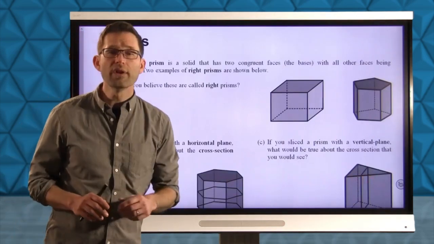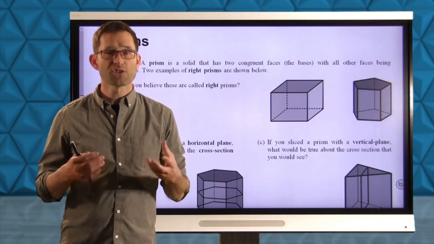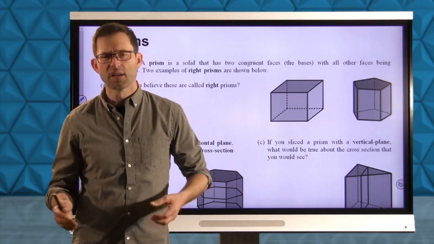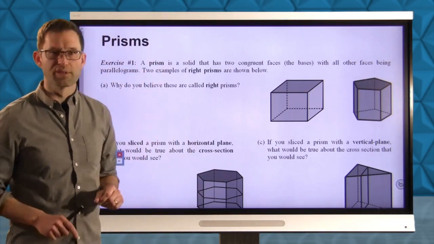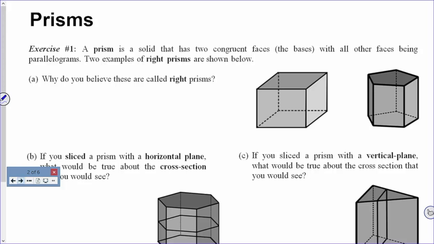Today's lesson, we're going to introduce many of the shapes, and you're going to want to learn this terminology and what makes a prism and a cylinder. Let's jump right into prisms. Exercise number 1. A prism is a solid that has two congruent faces, meaning they're identical, those are the bases, with all the other faces being parallelograms.